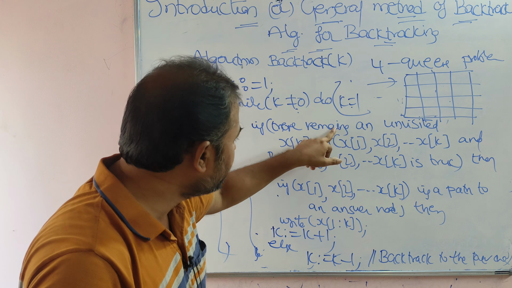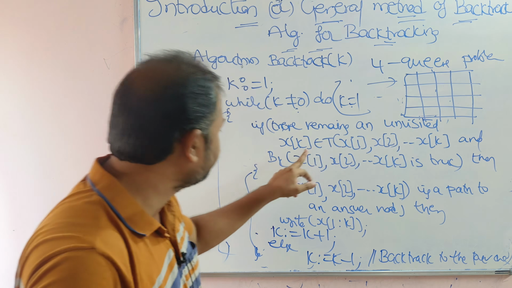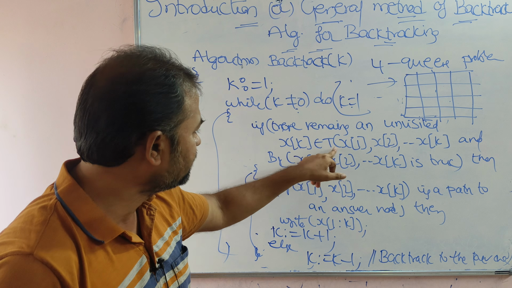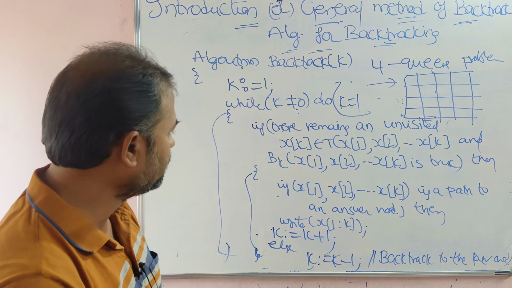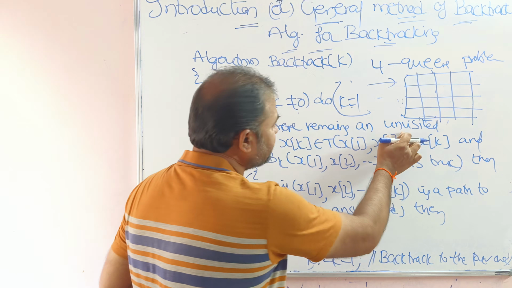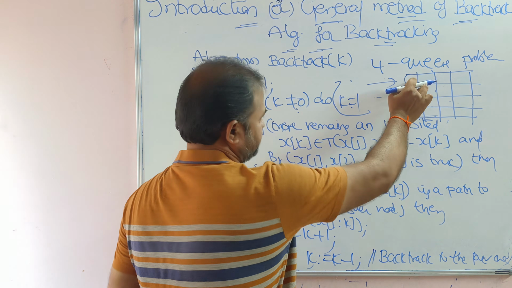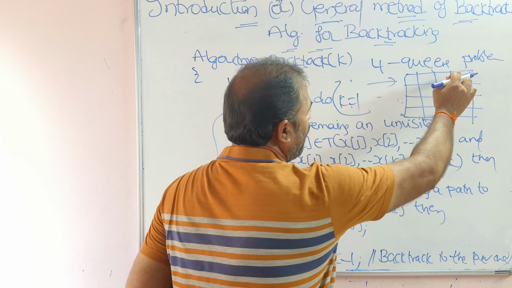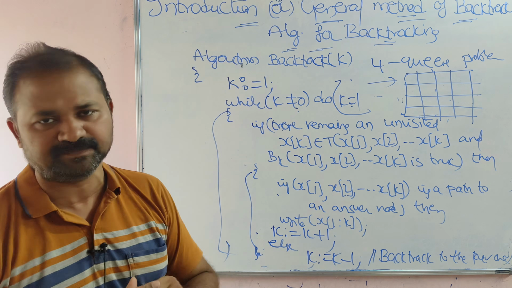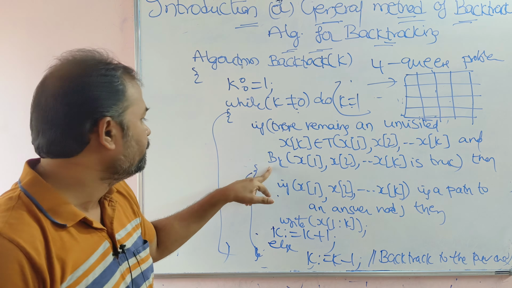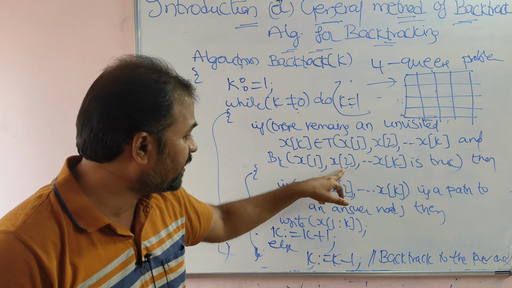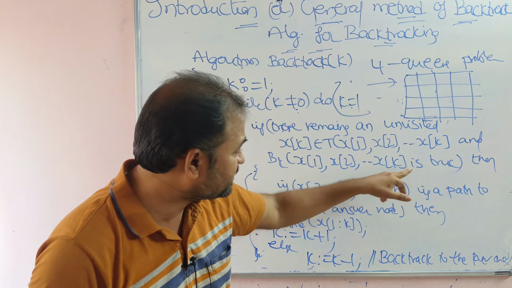If there remains an unvisited choice x of k belonging to T of x1, x2, and so on up to x of k. That means if you take the first row, all 4 entries are unvisited, so this condition is true. And B_k of x1, x2, and so on up to xk is true.